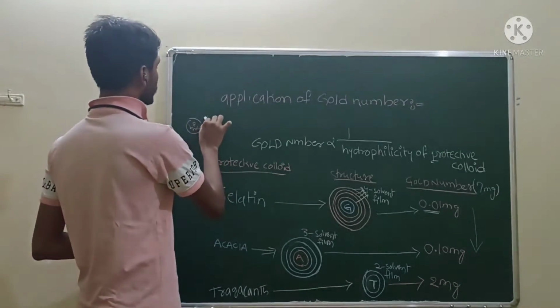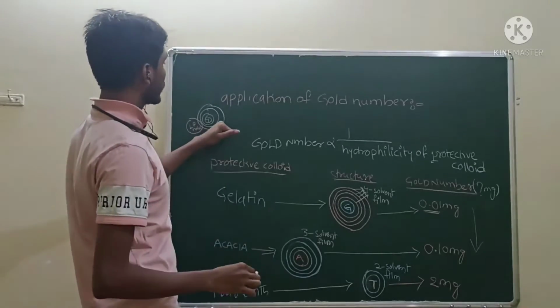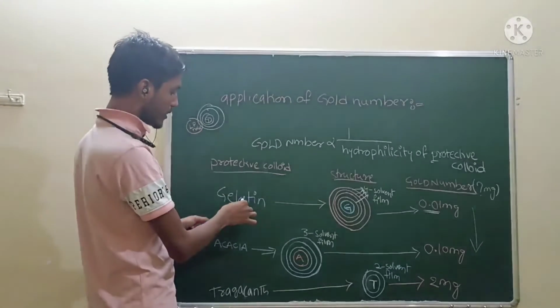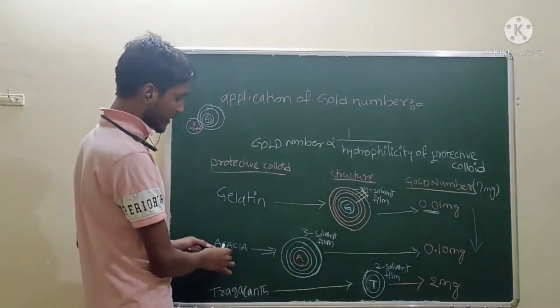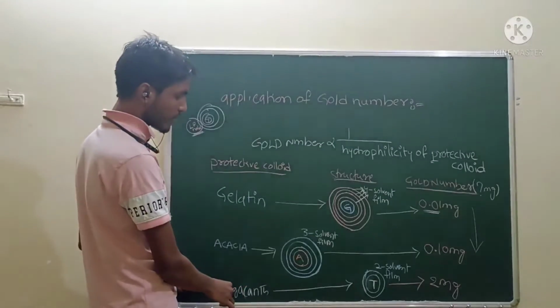On this, gelatin is there. So gelatin will protect this lyophobic particle more compared to acacia. Next, acacia will protect this lyophobic particle more compared to tragacanth.